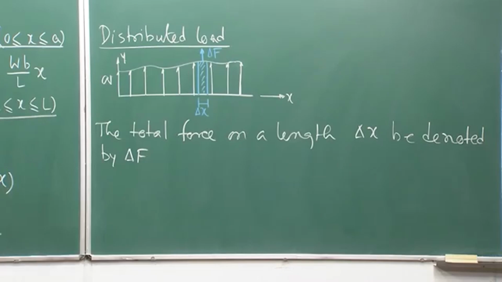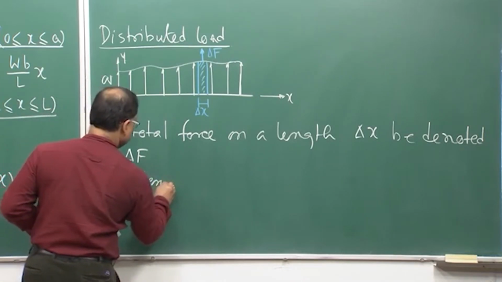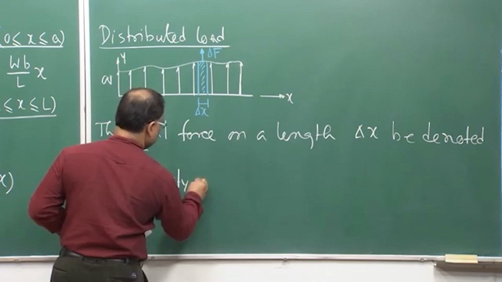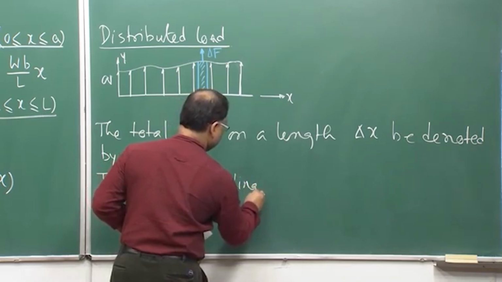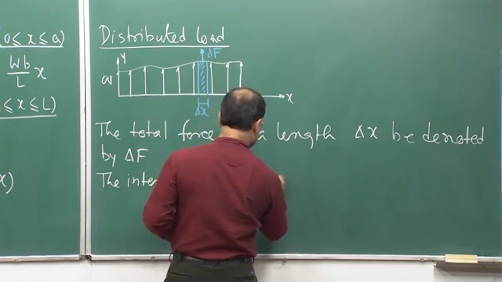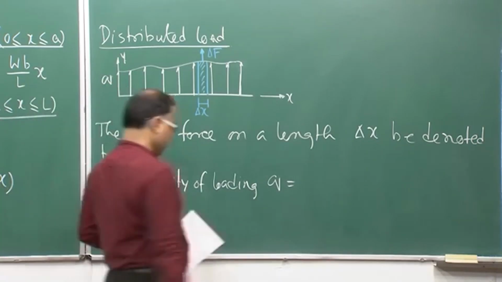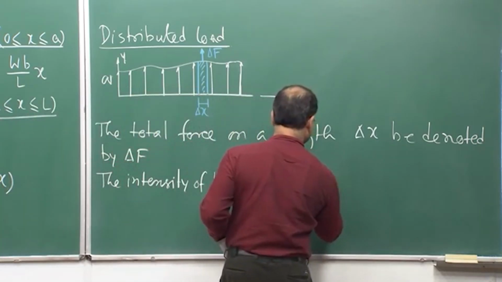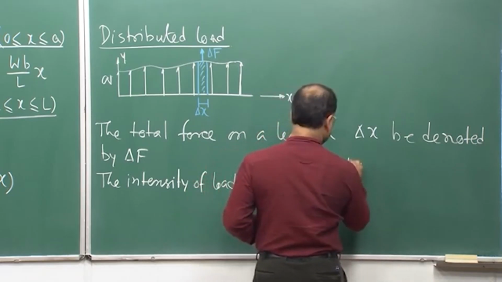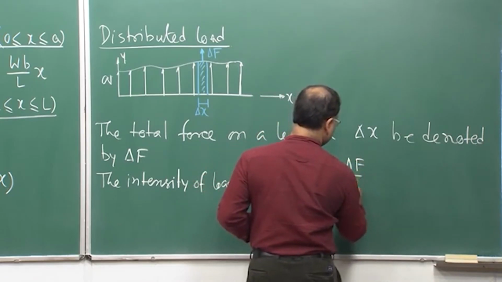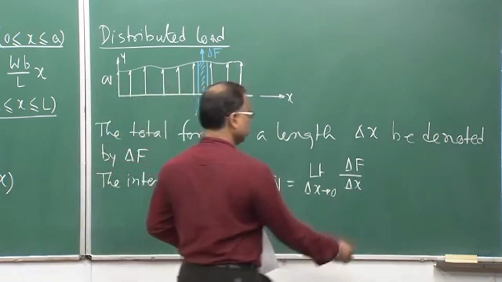So, therefore, the intensity of loading, say q, can be written as the limit as delta x tends to 0 of delta F by delta x, that is force per unit length.